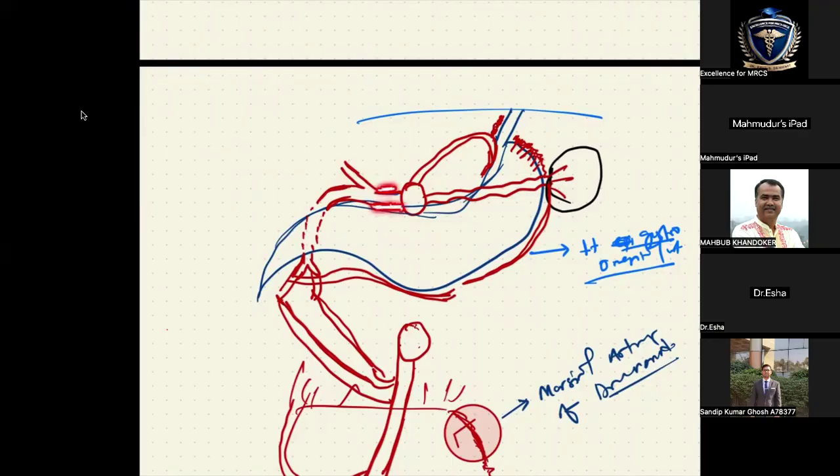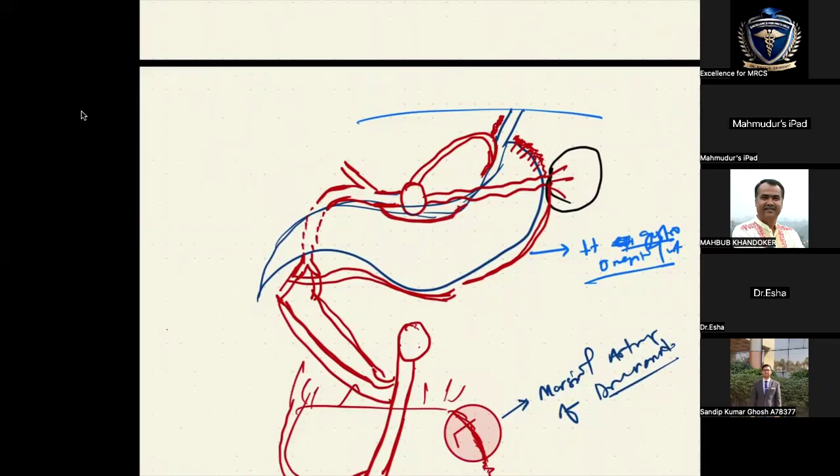The common hepatic artery is divided into two parts, the gastroduodenal artery and the hepatic artery proper. So the right gastric artery comes from either the common hepatic artery or the hepatic artery proper. Are you clear? This shows very common anatomical variations.